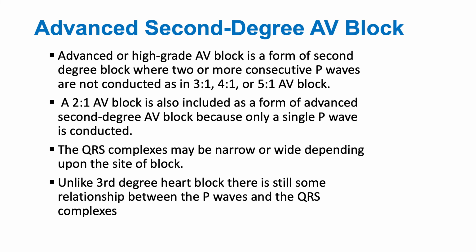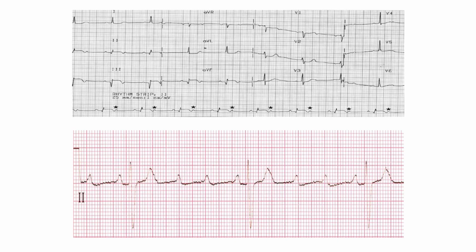Advanced or high grade AV block is a form of second degree AV block where two or more consecutive P waves are not conducted, as in 3:1, 4:1, 5:1 AV block. 2:1 AV block is also included as a form of advanced second degree AV block because only a single P wave is conducted. The QRS complexes may be narrow or wide depending upon the site of the block. Unlike third degree AV block, there is still some relationship between the P waves and the QRS complexes.